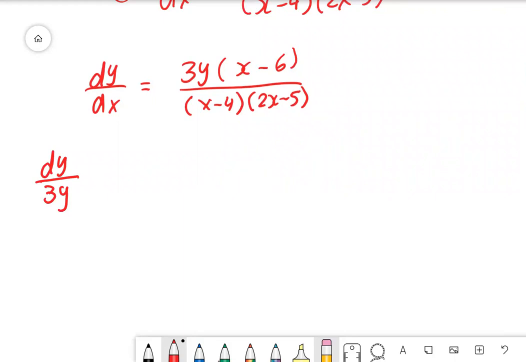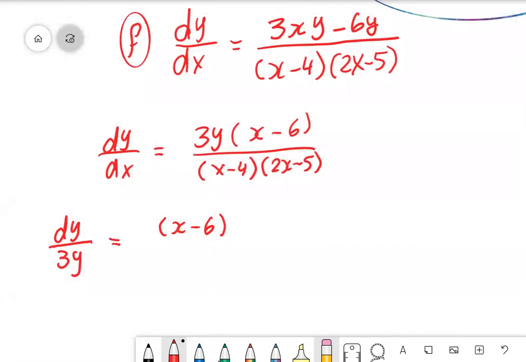Equals x minus 6. So is it x minus 6 or minus 2 actually? Sorry, because we took the 3 out. Yes, it's minus 2. x minus 2 here over x minus 4 times 2x minus 5 dx.